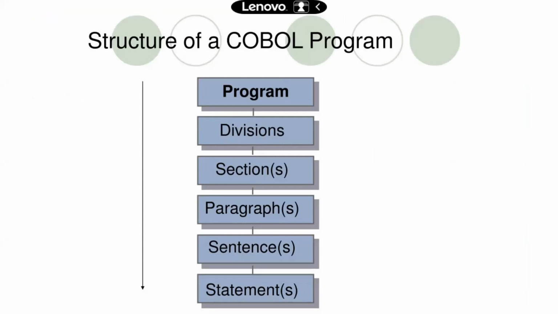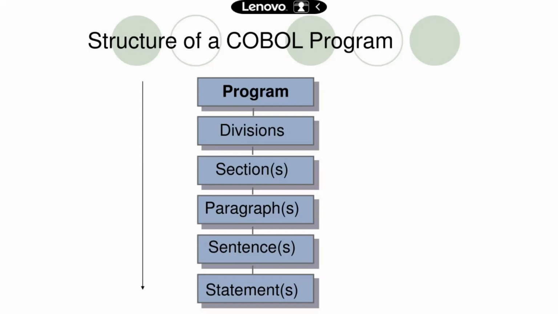You can compare with a normal thing: in a district we have mandals, in mandals we have villages, in villages we have some areas. We have that type in COBOL, just comparing with the general thing. In divisions we have sections, under sections we have paragraphs, under paragraphs we have sentences, under sentences we have statements.